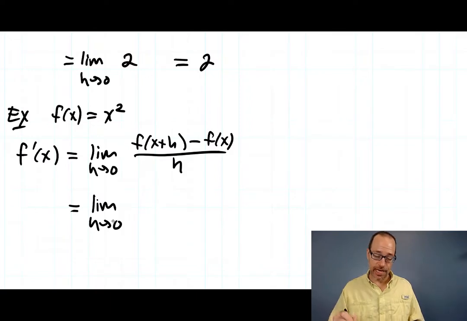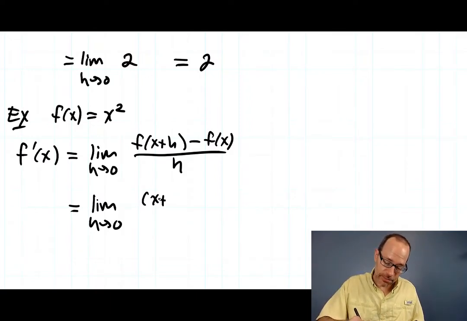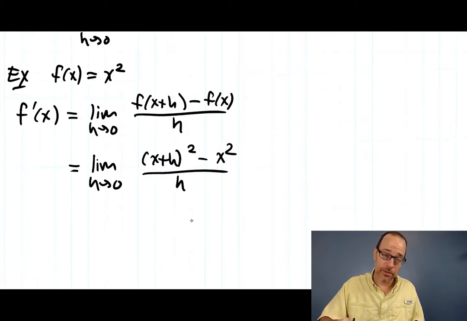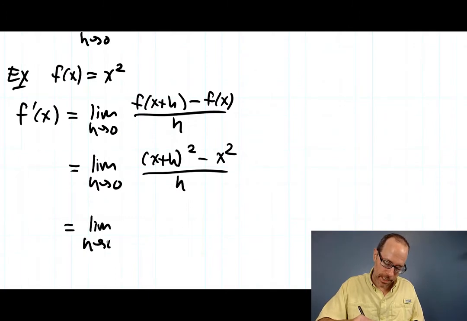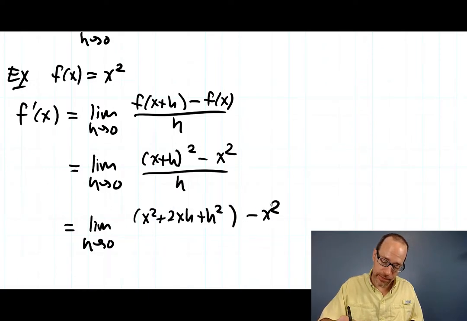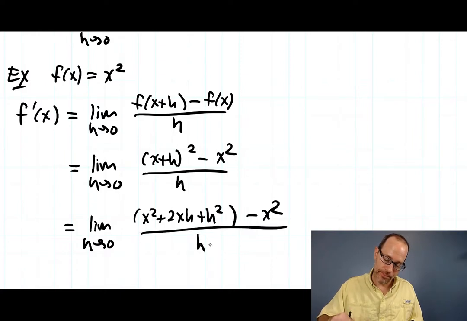The function is x squared, so it's (x plus h) squared minus x squared all over h. Again, don't forget your parentheses. Remember the way the square works: it's x squared plus 2xh plus h squared, minus x squared, all over h.